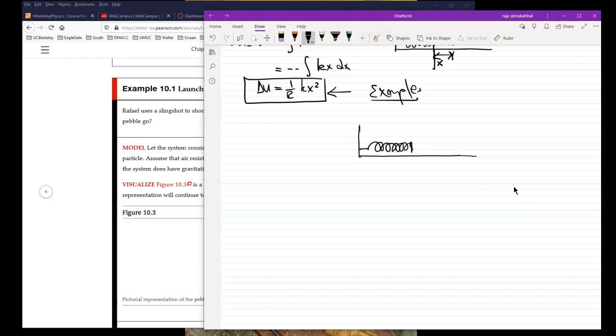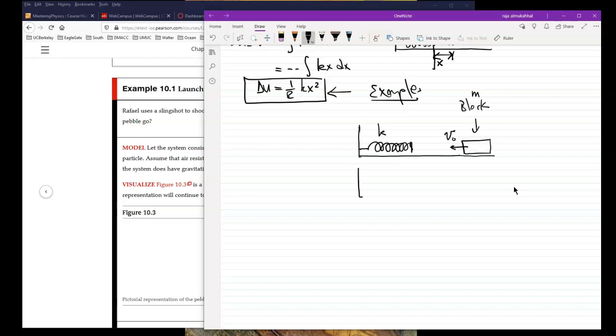Then far away somewhere here, I kick a block of mass M. Now it's moving with some velocity v naught. Let's assume this velocity is constant, a frictionless surface, and this is the spring of stiffness constant K. So the block will hit the spring, and then it will compress the spring.